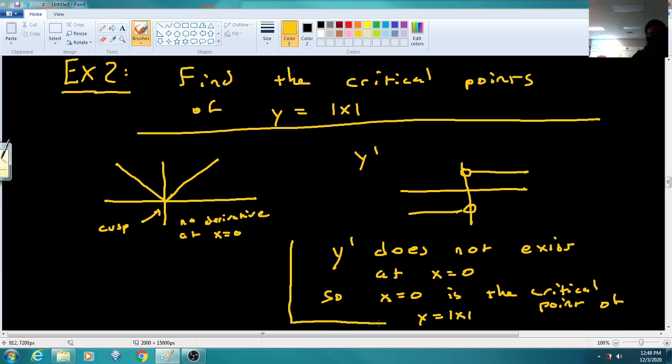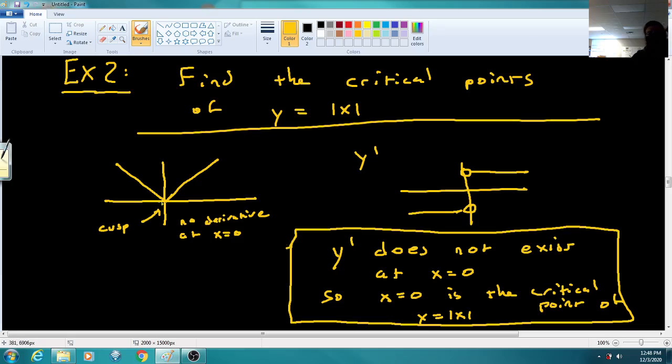That's an example of where the first derivative does not exist, and in this case it was due to a cusp, which is an abrupt change from one form of a function to another. You'll see this a lot with piecewise defined functions also, where the function abruptly changes form from one to another, and that creates a sharp angle called a cusp. Okay, so I'll stop there.